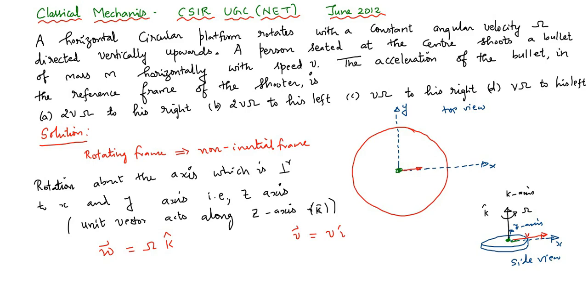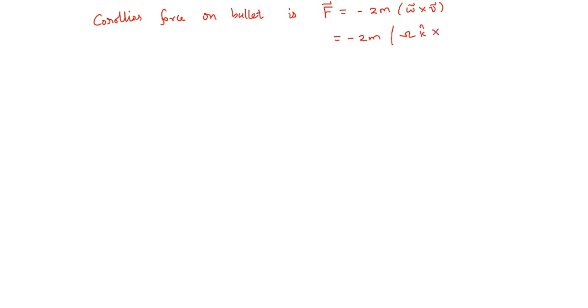The Coriolis force on the bullet, whose mass is m, is F vector equals minus 2m omega vector cross v vector. Therefore this is equal to minus 2m omega k hat cross v i hat.